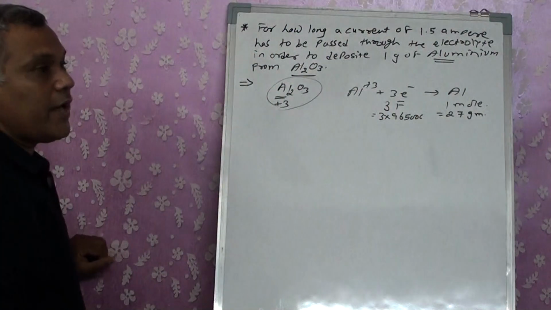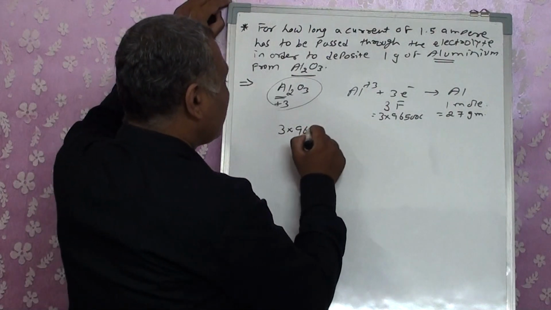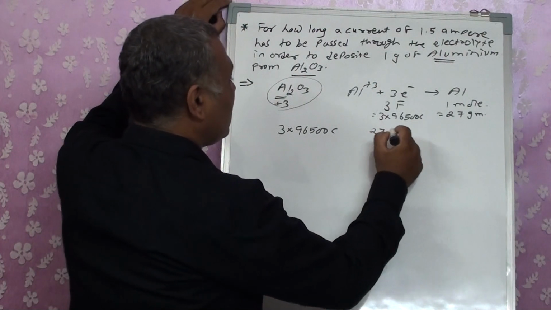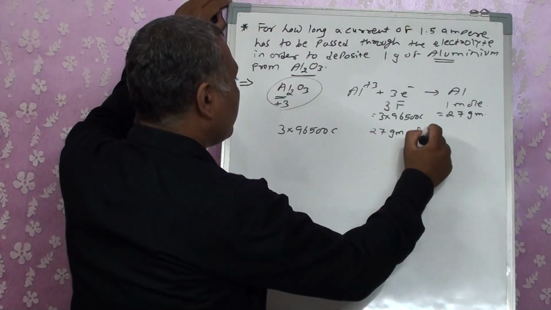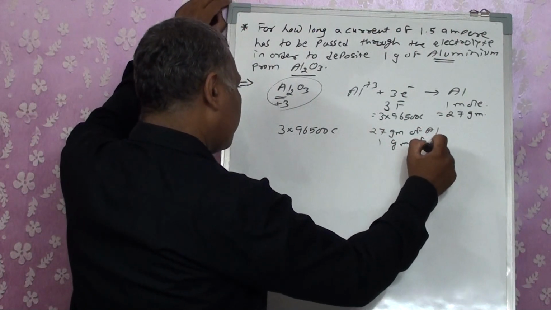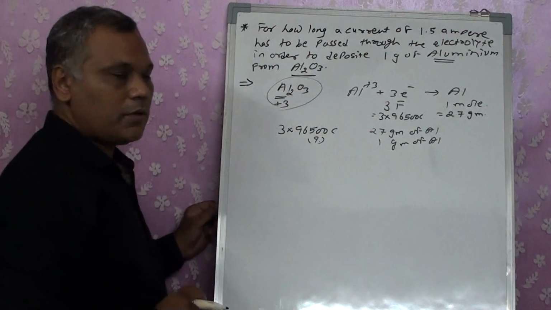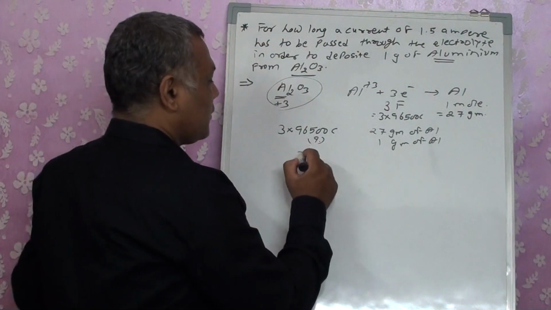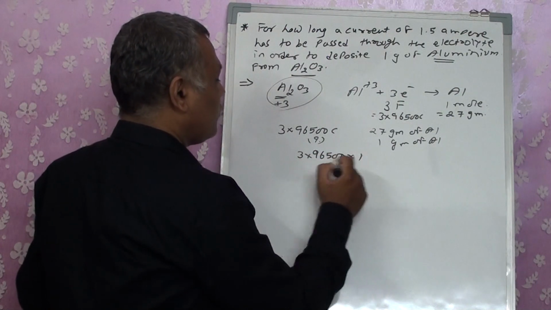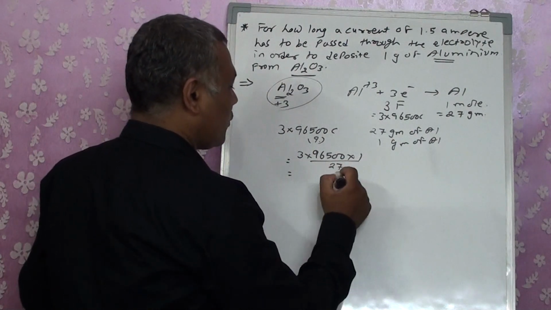So if I allow 3 into 96500 coulombs of current to pass through it, 27 grams of Al is produced. But I want to produce only 1 gram of Al. So what is the charge that will be required? We get 3 into 96500 into 1 by 27. That is the amount of coulombs required.